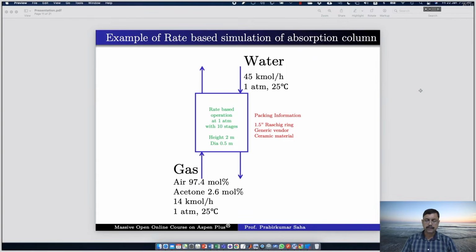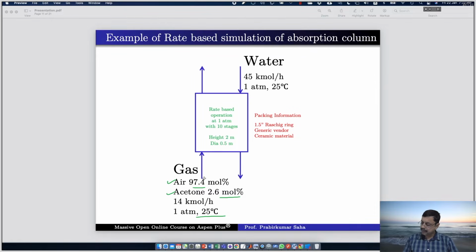Let us take this unit. Here we have a packed column where gas containing 97.4 mole % of air and 2.6 mole % of acetone, with flow rate, temperature and pressure conditions given.